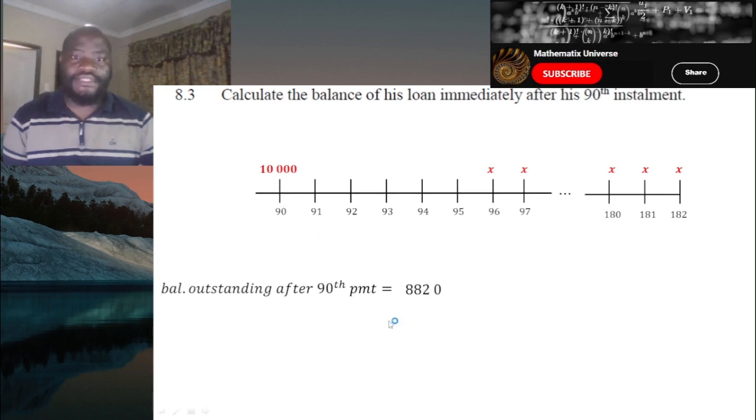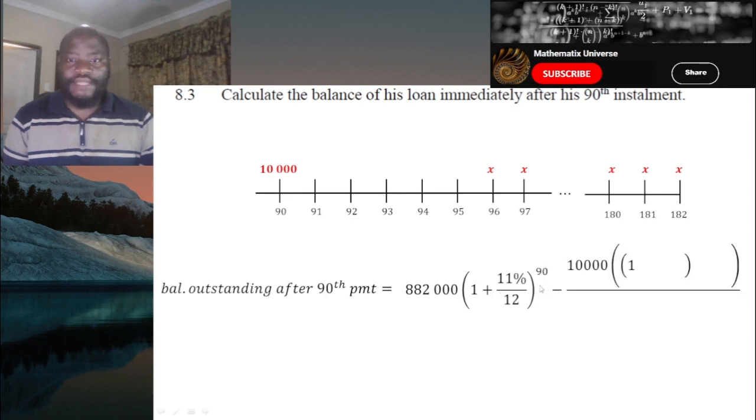So we will take the 882,000 and move it normally as a lump sum for 90 months. Then we subtract the future value of the 10,000 payments that are being paid into the account. This is the best way to get the balance.